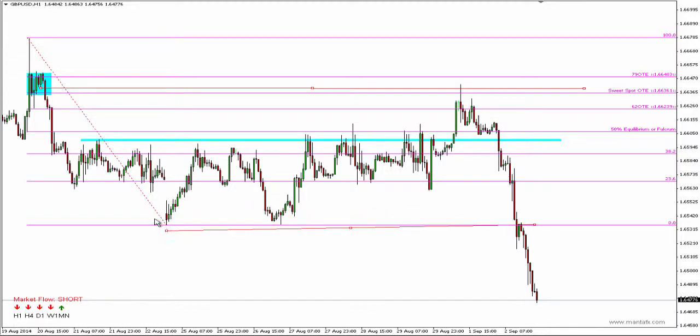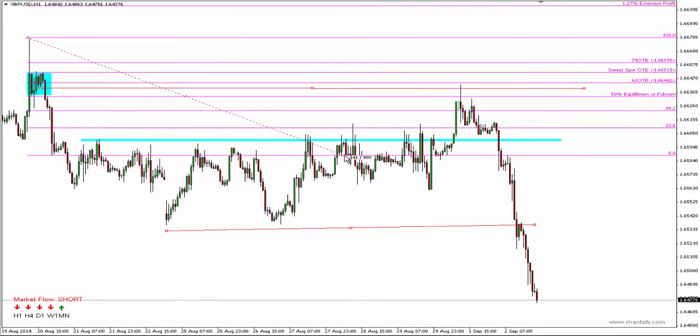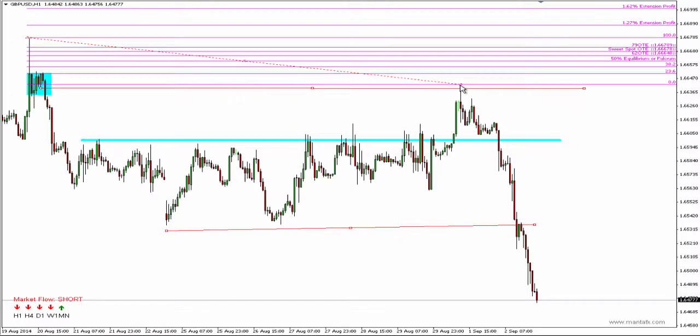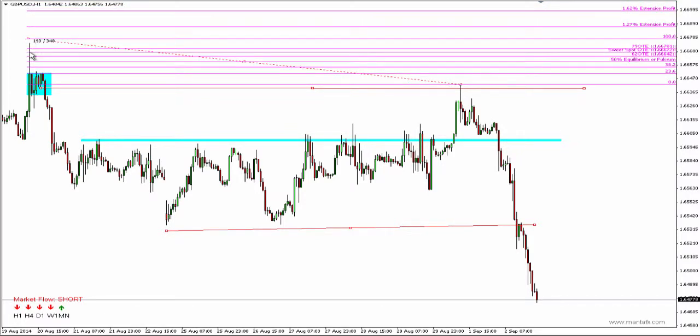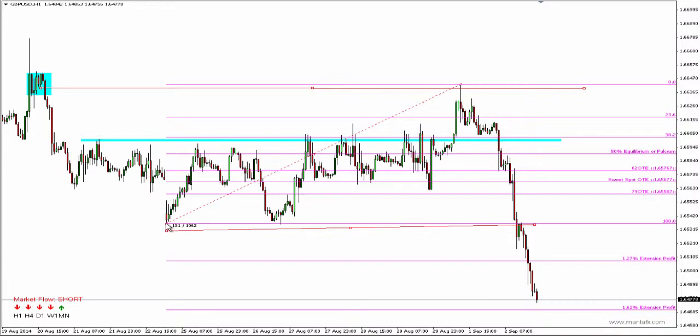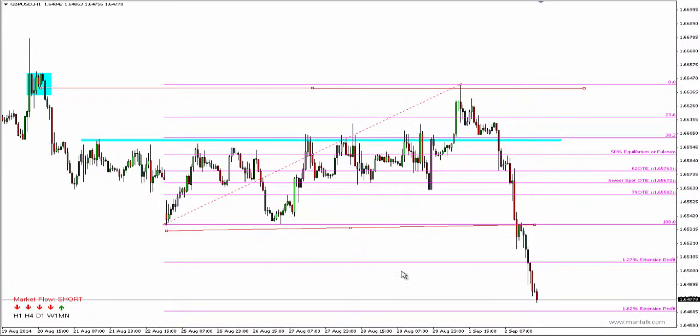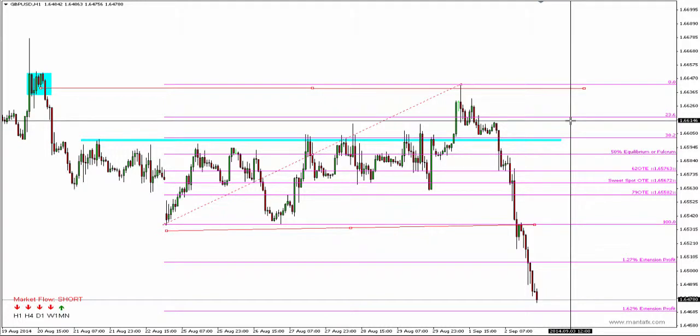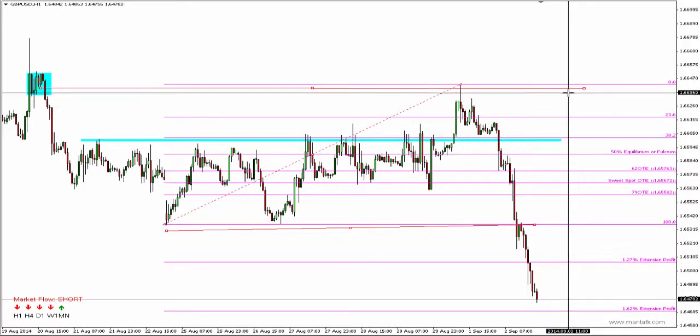Let me just saddle in the actual target for it. The actual target would be, yeah, the 162 extension. So we could be talking about at least 165 pips.